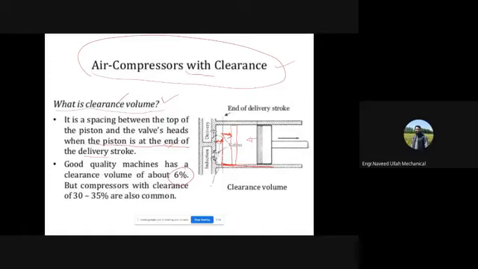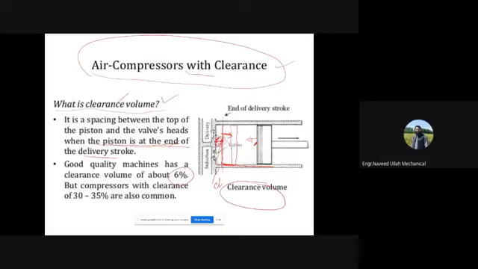So this will be your clearance volume. बात समझ आ गई? तो ये चीज़ सिर्फ ज़रूरी है. The definition is simple. The space between the top of the piston and the cylinder, this valve head, this space is basically your clearance volume. But when, not all the way, right, or for all the position, when the piston is at the end of the delivery stroke, और end of delivery stroke क्या है, वो ये है.